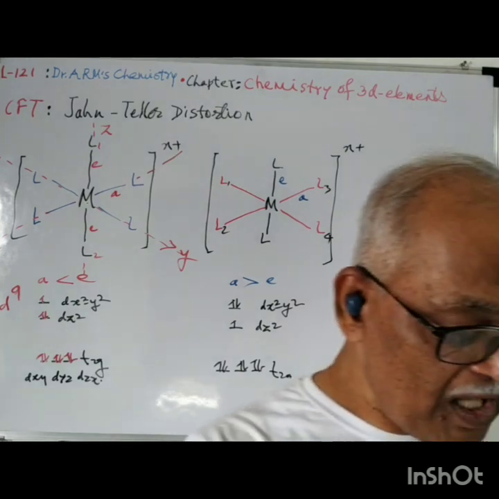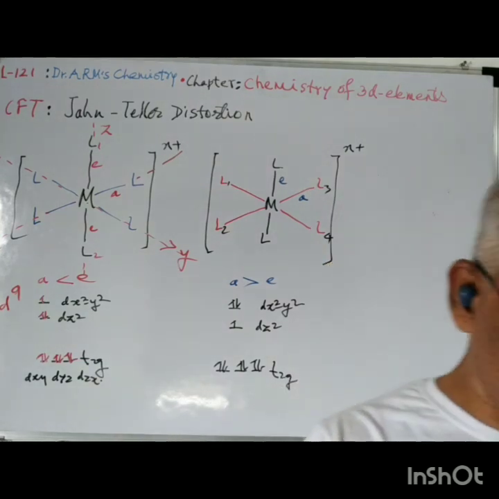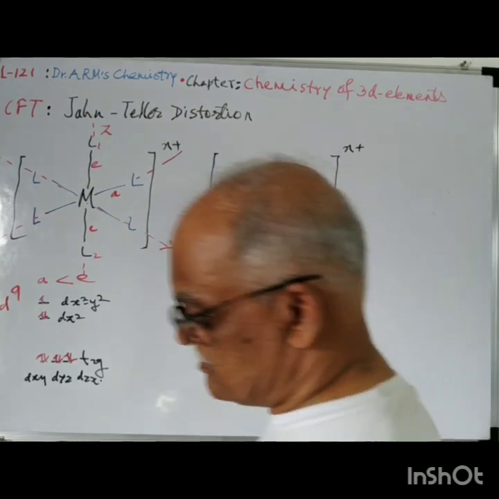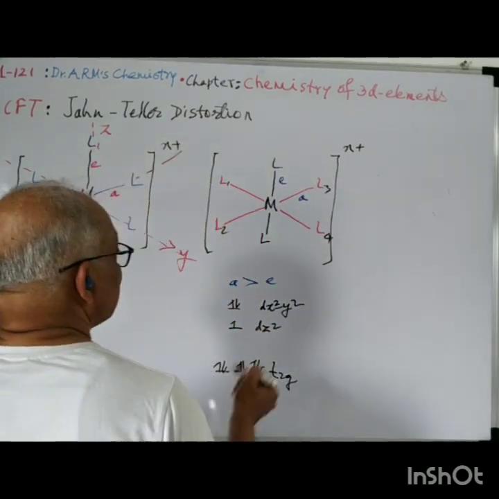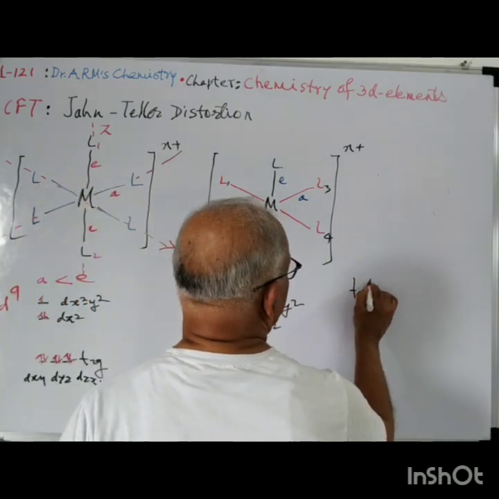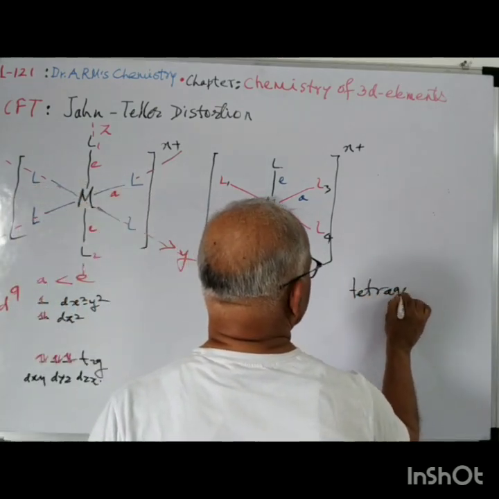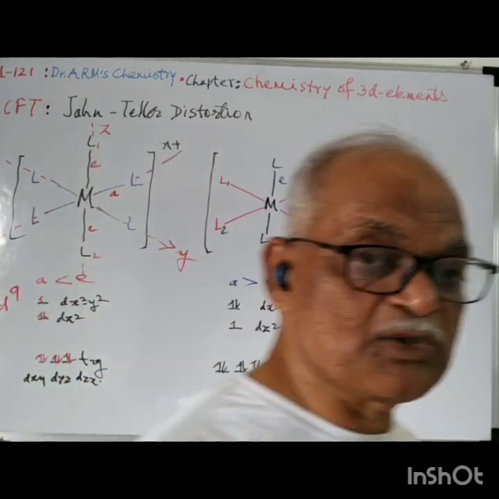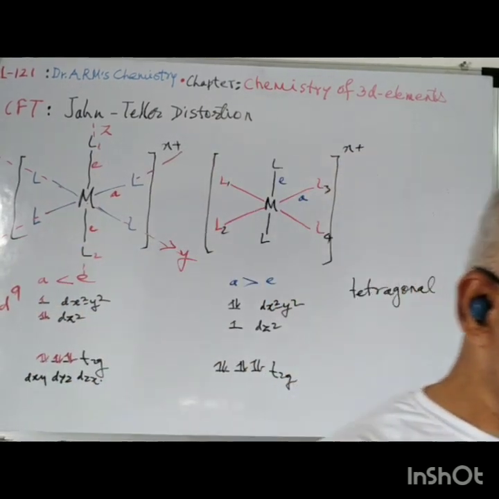Now this resulting structure is called tetragonal. So the distortion is also called a tetragonal distortion.